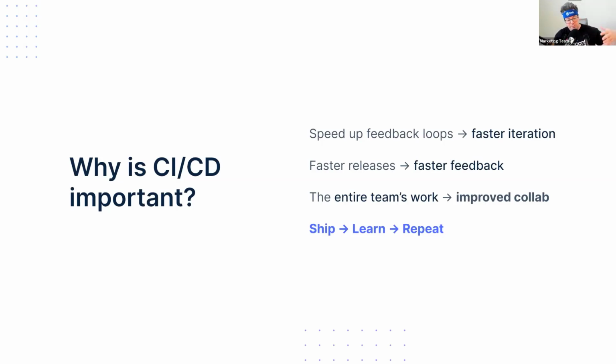Because when we speed up our feedback loops between dev to product to customer, right, we can iterate faster, we can get feedback faster. And ultimately too, when we look internally at team dynamics, CI/CD, when you do it well, and you have to do this, you have to get your entire development team working together, which improves collaboration, ultimately improves the quality of your products if they're moving in lockstep, delivering software.